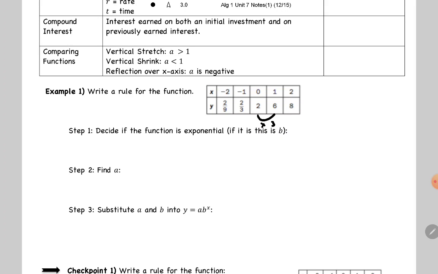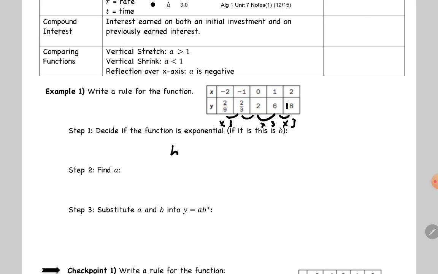And there is a mistake here, because there's a pattern: everything is being multiplied by 3 from each step. And then when I get to 8, that doesn't make sense. So this is supposed to be 18. So let's imagine that did say 18, and everything is being multiplied by 3.